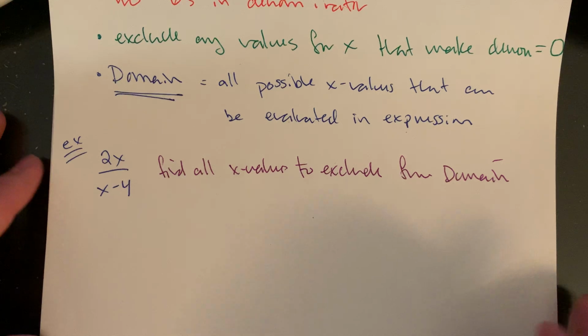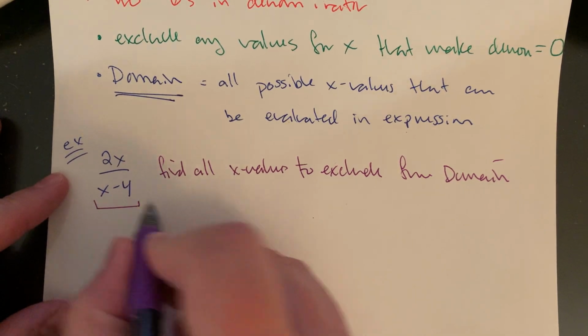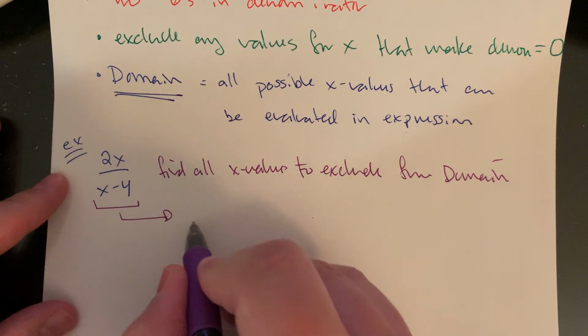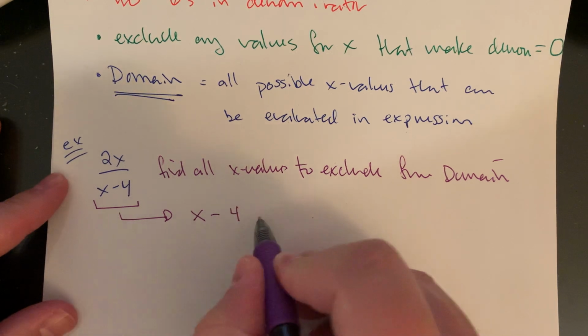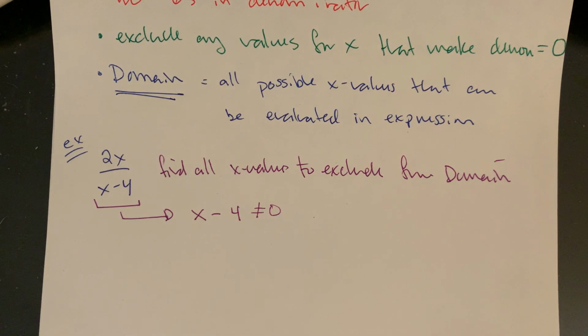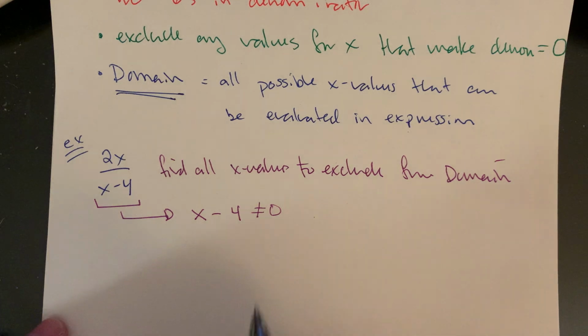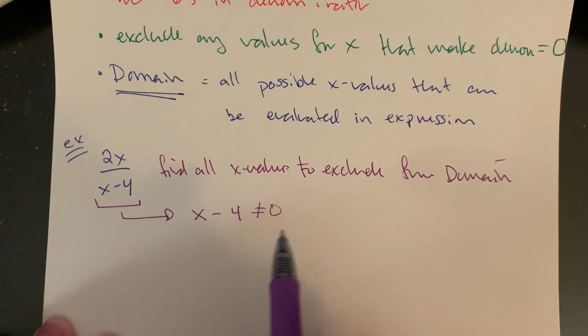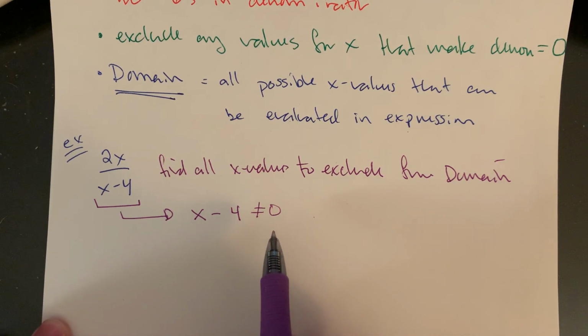So literally all I'm going to do is just take the denominator, and I can write this one of two ways. I guess in theory, what we're doing is we're trying to say x minus 4 cannot equal 0. So I'm just literally going to write x minus 4 not equal to 0. This is essentially the equation we're trying to solve.